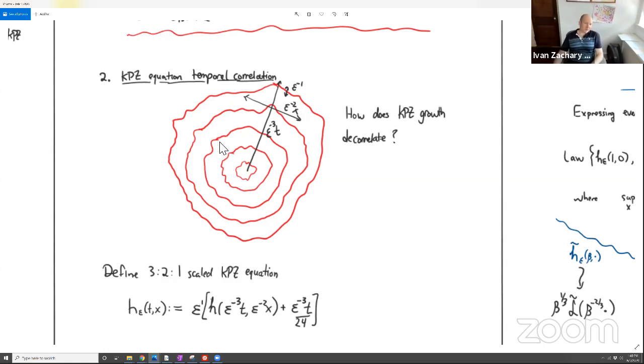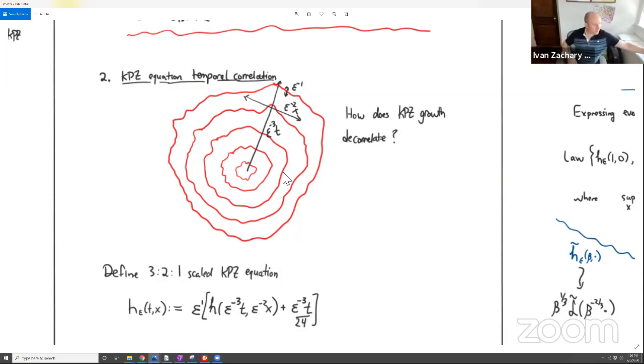And what you see, and of course this is just a drawing, is that there are little bumps, and the bumps propagate in time, and eventually the bumps will die out. Here's a region where there was no bump, but then a bump evolves. A natural question is how KPZ growth, in particular modeled by the KPZ equation, decorrelates in time.